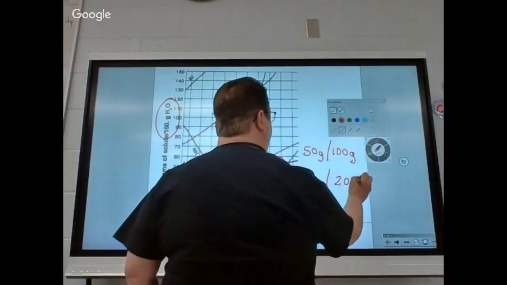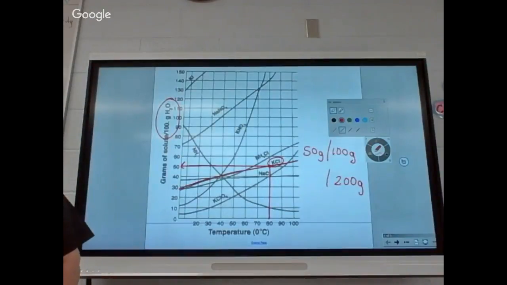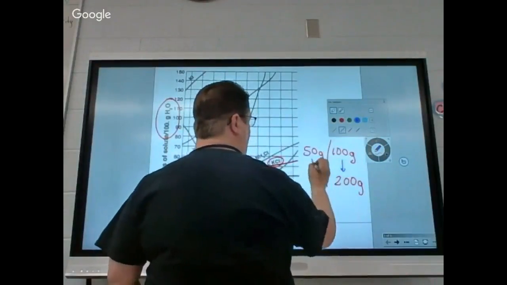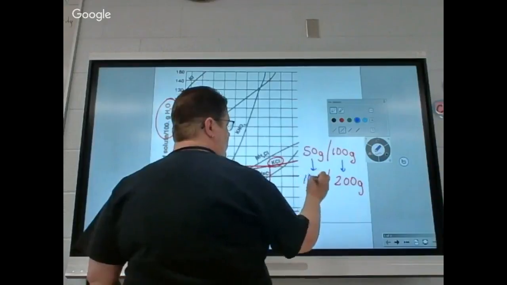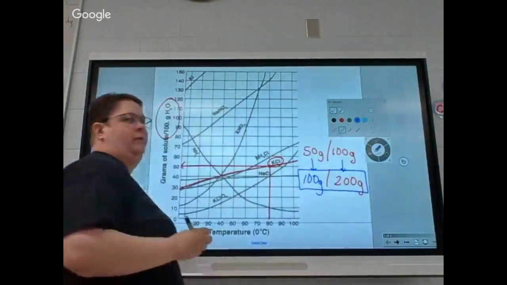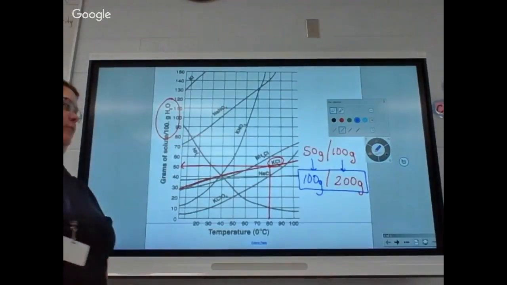They doubled the water in the question. If they doubled the water, what do you do to the amount of solute? You double it. So the 50 gets doubled to 100. So it's 100 grams per 200 grams of water. All right, you think you can try number 3 now? Yeah. All right, try number 3.